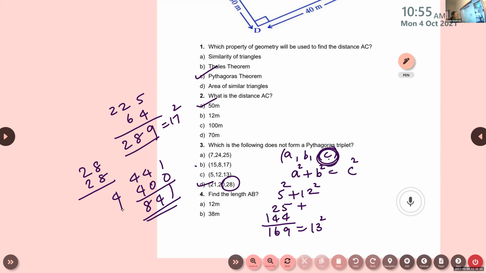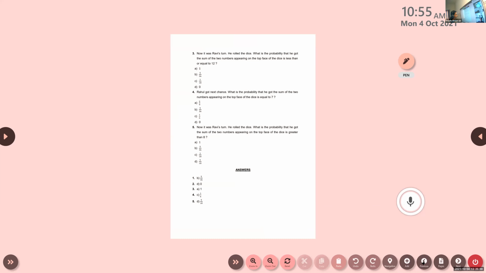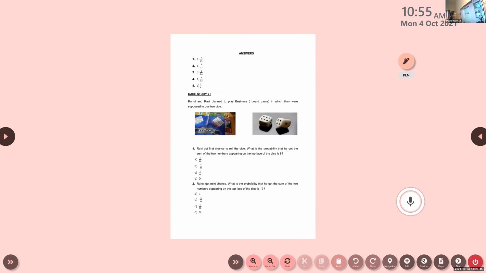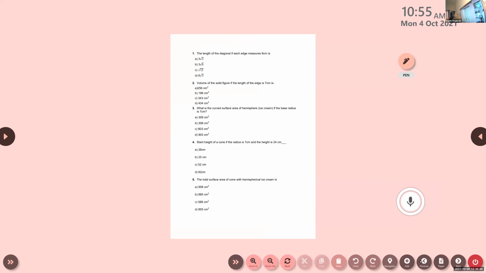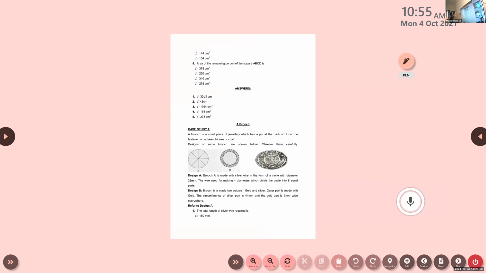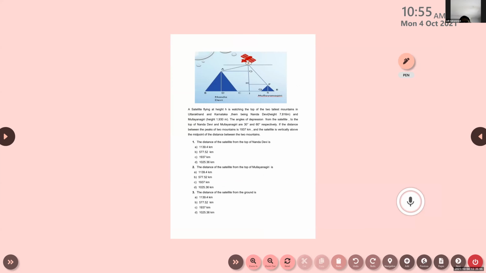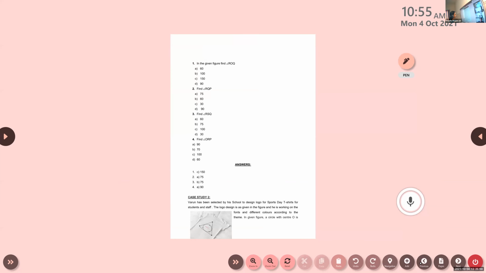Now look at the next part. Find the length of AB. Have you got 38 meter?